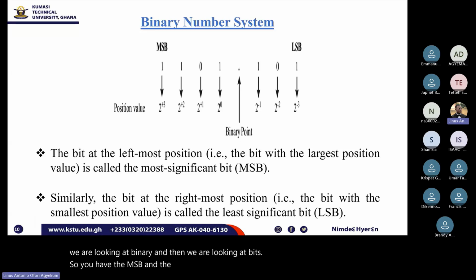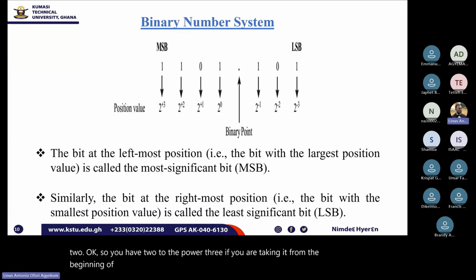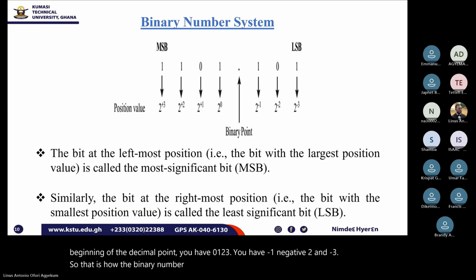The position values are powers of 2. So you have 2 to the power 3, and if you are taking it from the beginning of the binary point, you have 0, 1, 2, 3, then -1, -2, and -3. So that is how the binary number system is also represented.